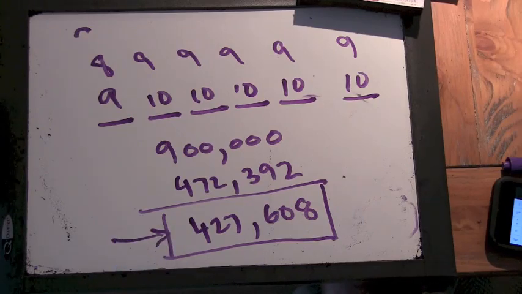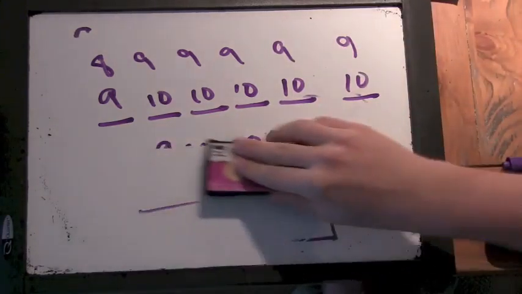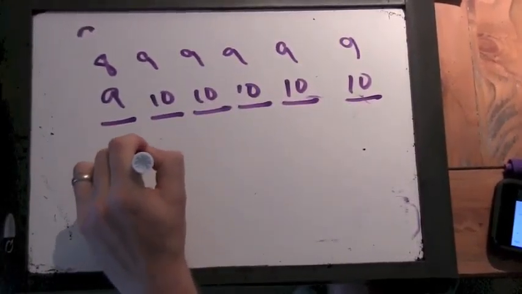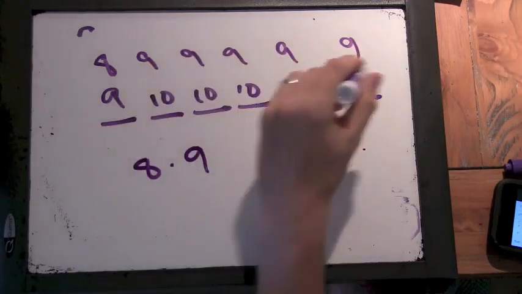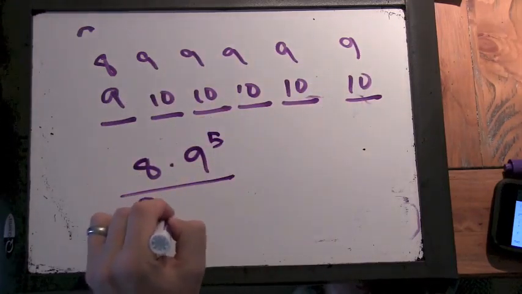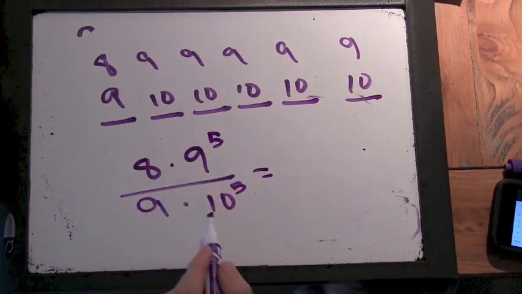Oh, that's a very good question. Let's see what's happening here. I can show it to you a little bit. We get 8 times 9 to the 5th over 9 times 10 to the 5th. I'm not going to worry about canceling here.